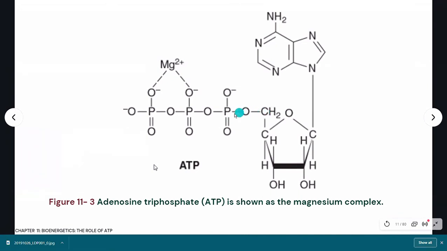Okay? But the bonds from phosphate to phosphate are anhydride bonds. When you cut off this bond, you release energy. Or you cut off this bond, you release energy. Now here is your magnesium stabilizing these two.